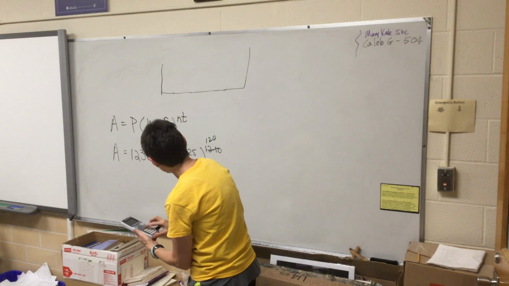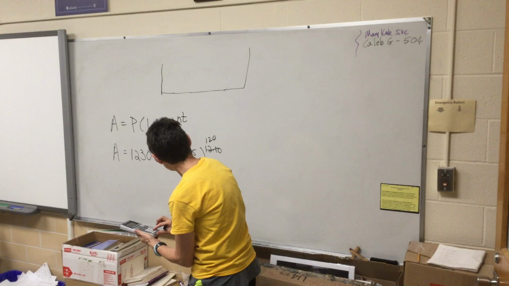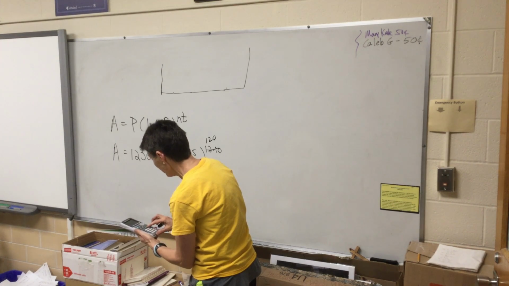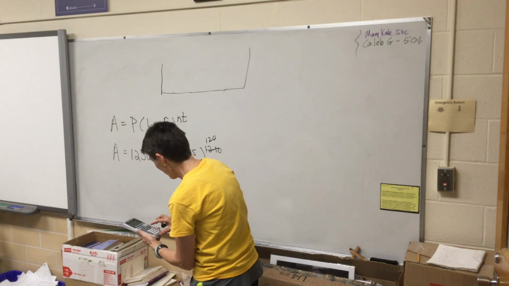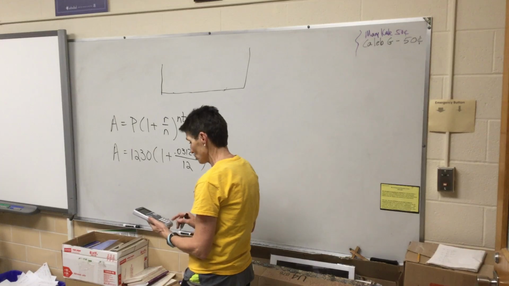1230 parentheses 1 plus 0.03125 divided by 12, close parentheses, raised to the 120th power. Remember, this is your raised button.